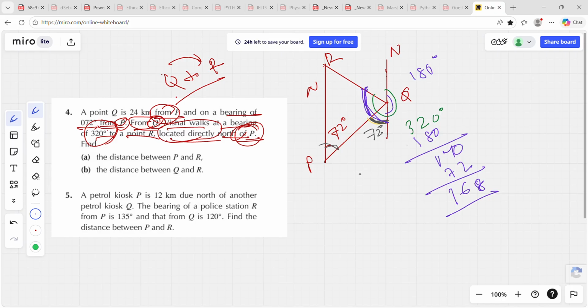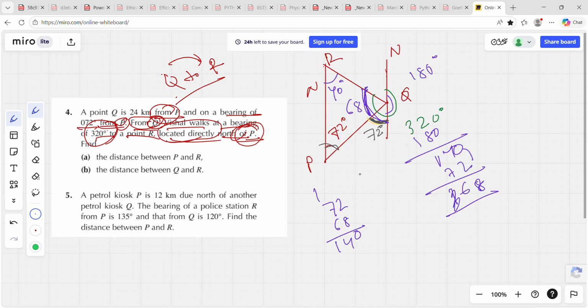Okay, so if there is a 140, that means it is 68 degree. So if it is 68, you can find this one. So what is the value of this? 72 plus 68, you get 140. So what is left? 40.